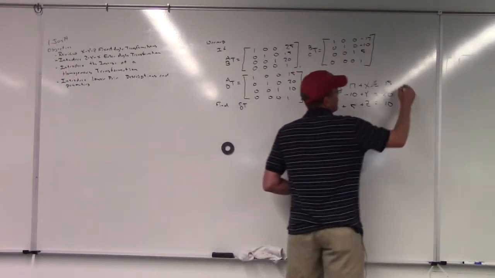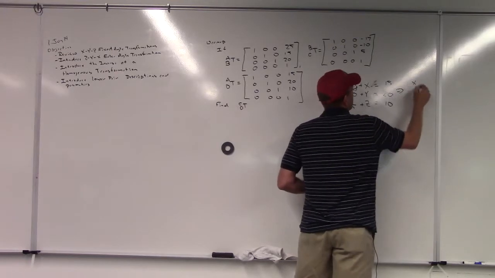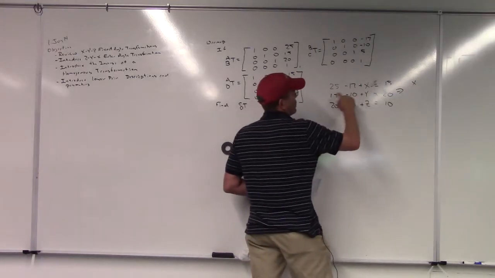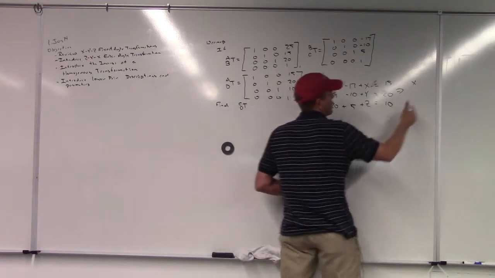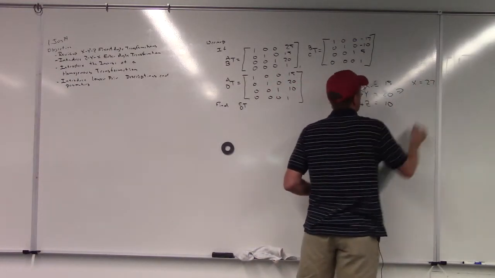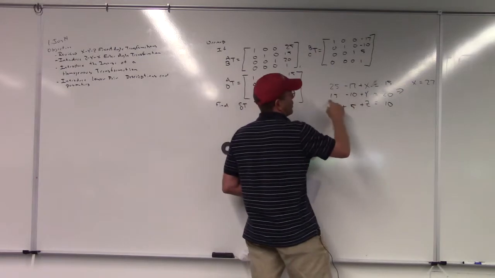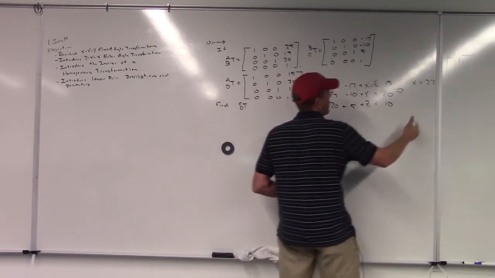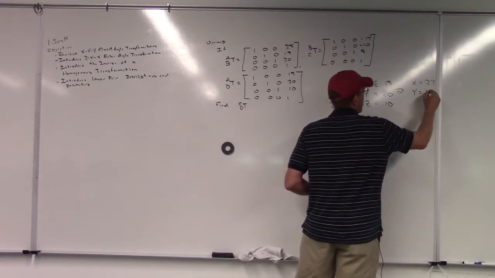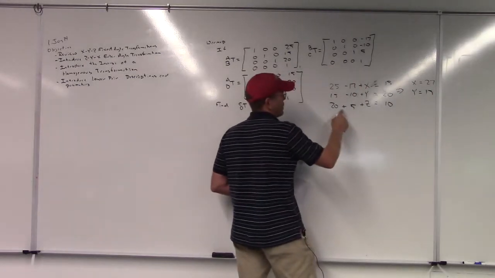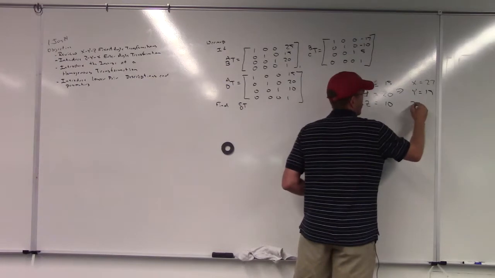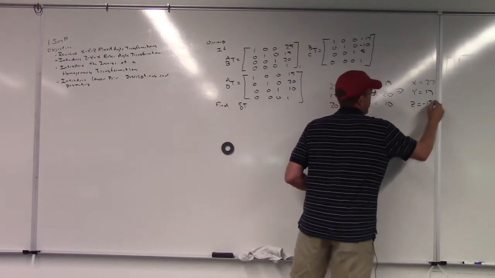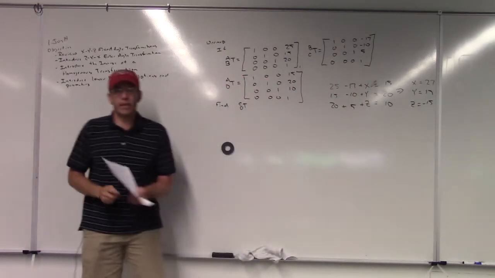So from here we see that x is going to be equal to what? Minus 10 plus 7, 27. Y will equal 15. And let's see, that would be negative 10 minus 15. So you guys agree with that?